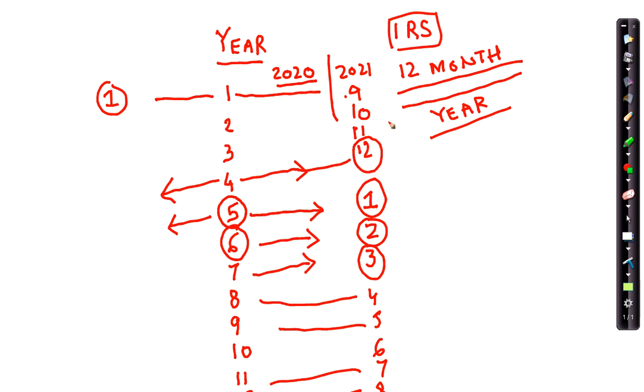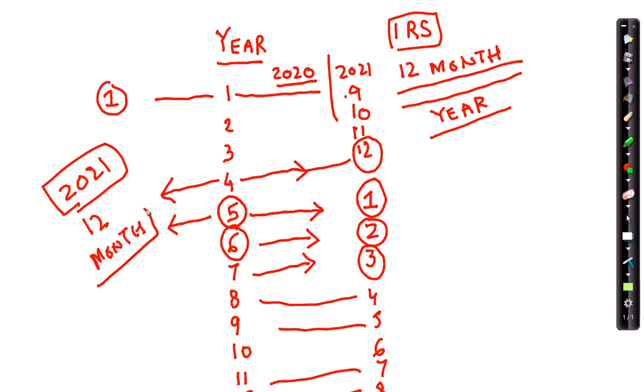So in 2021, you will complete your one year of business. Then for one year, 12 months, you will calculate your income, expenses, and calculate the tax, profit, loss. So for easy understanding, when you define your company, follow the calendar year.